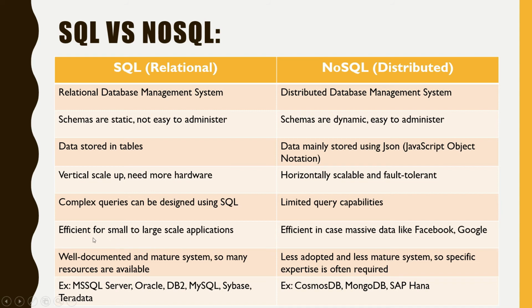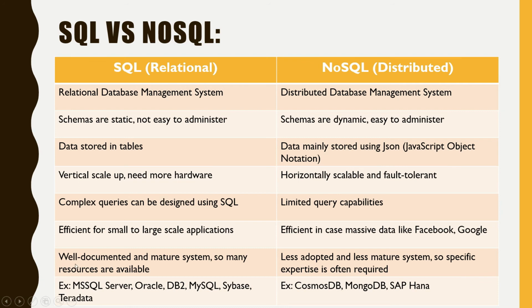That is, it is used in small to large scale industries to maintain their internal data. Whereas NoSQL is efficient in case of massive data of companies like Facebook and Google. So companies like Facebook and Google have to process millions and billions of records at a time. To fulfill this need, they use NoSQL or distributed system.